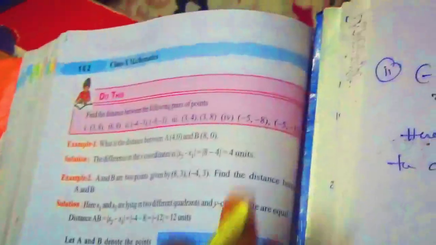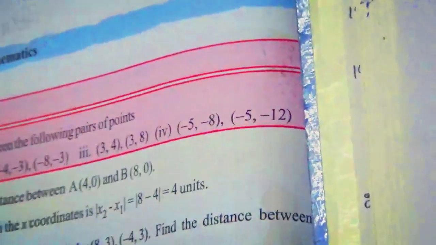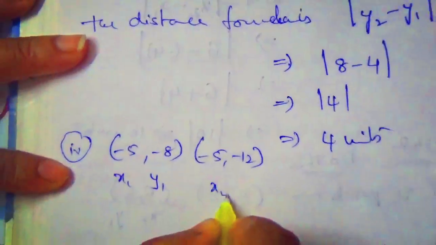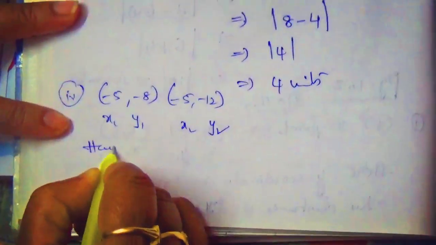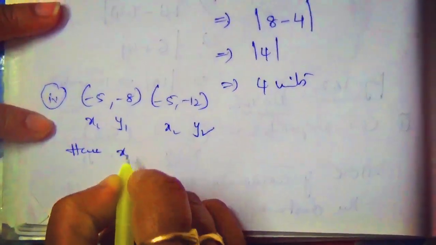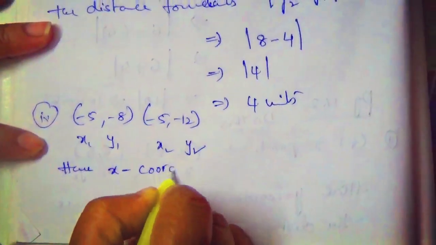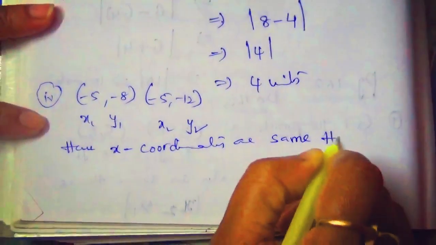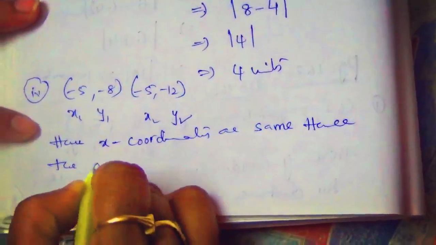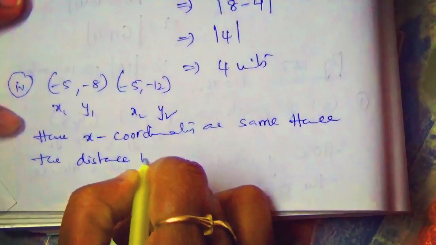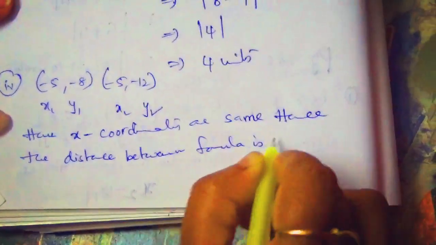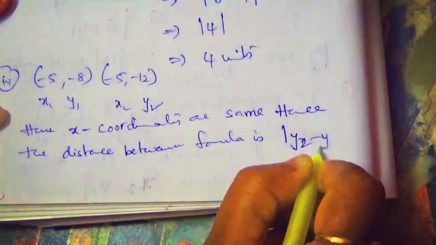What is the fourth sum? (Minus 5, minus 8) and (minus 5, minus 12). x1, y1, x2, y2. Here the x coordinates are the same. Hence the distance formula is y2 minus y1.